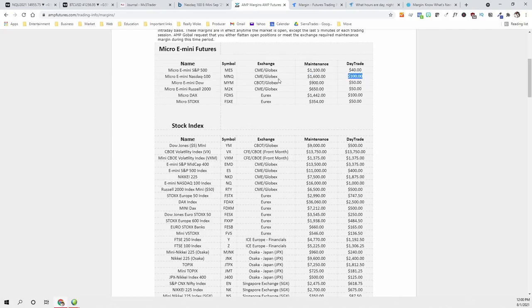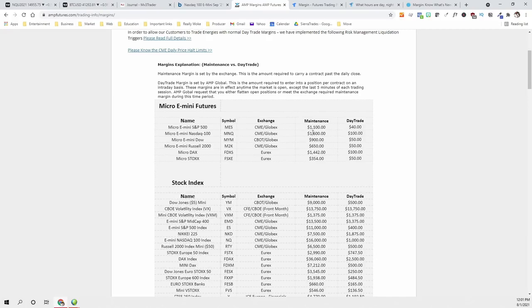What this means is if you're trying to hold a position overnight, you have to have $1,600 in your account. If your balance falls below that $1,600, then they're going to automatically liquidate the position, right? And you can get a margin call and all that good stuff. But 9 times out of 10, they're going to auto liquidate the position. So this is for AMP Futures.